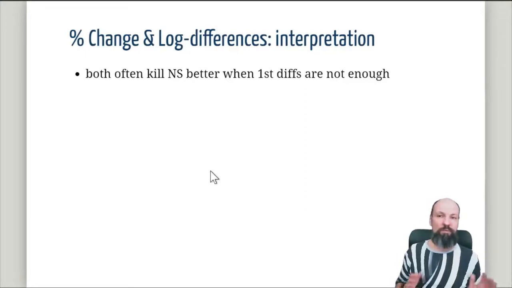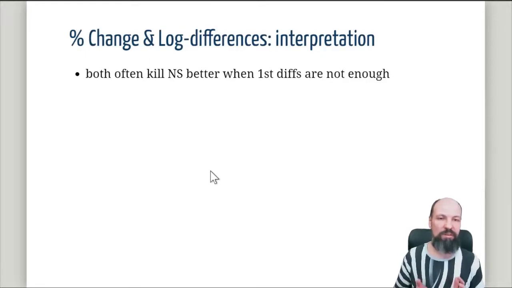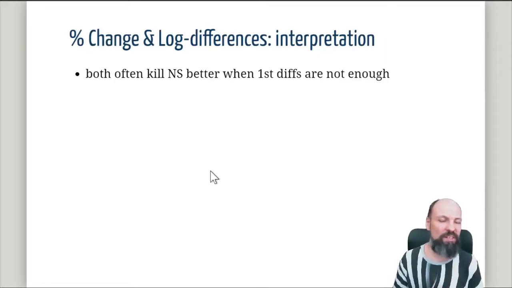Just a comparison of the percentage change and log differences. They are different in interpretation. Sometimes one is used, sometimes another is preferred. In practice, in financial and price-related data, as I said, log differences are preferred.